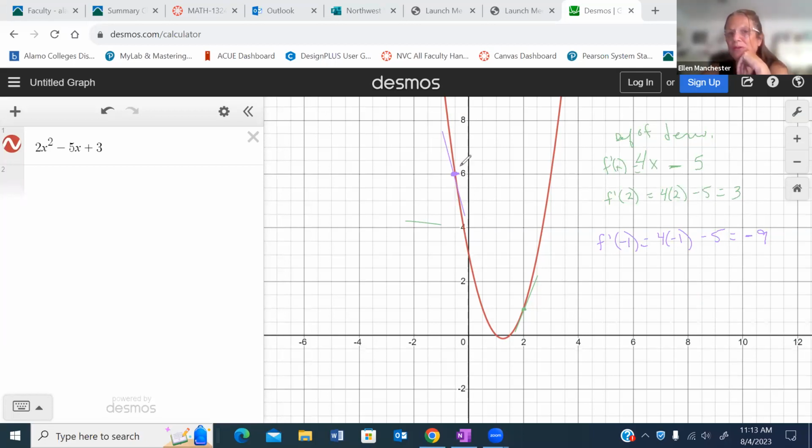So if this was in business, I could say when I had negative, and this makes logical sense, if I have a negative number of products, I'm going to have negative revenue. Makes sense, right?